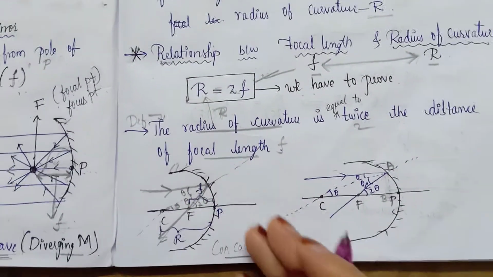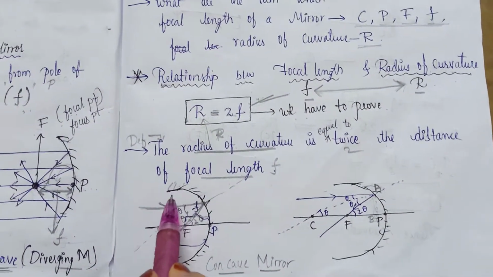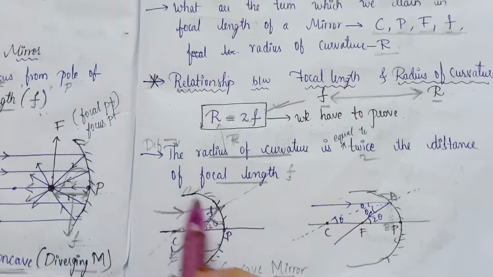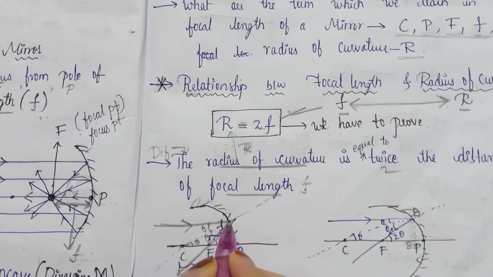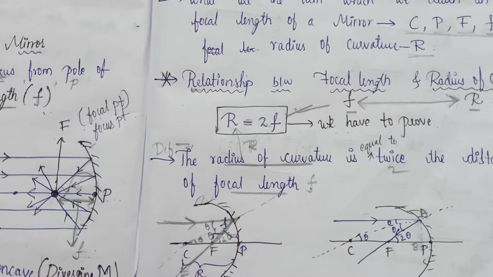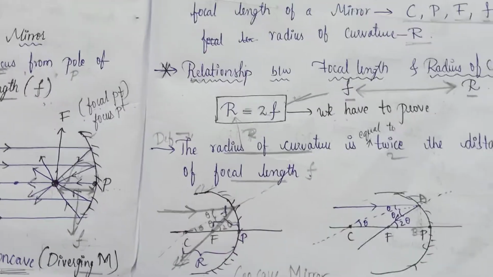To prove this relationship, we have to take the example of a concave mirror, and here is our concave mirror. The light is incident on the concave mirror and it is reflected back in another direction.